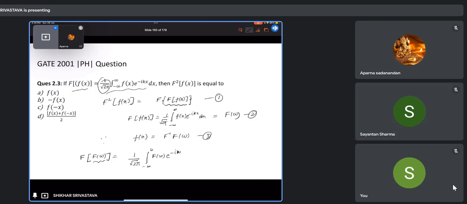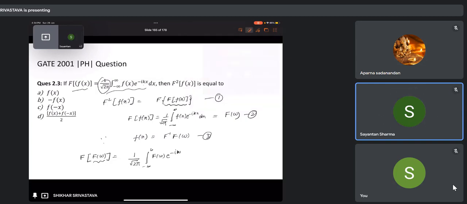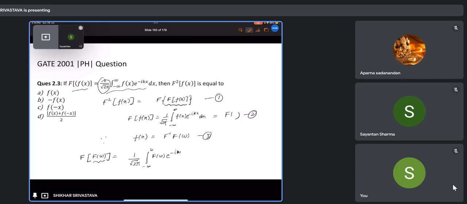Here it is k, so we can replace omega with k everywhere. Omega and k are related, so don't get confused. Actually, they have gone from x space to k space, which I think is why they have written x and k. You can write k everywhere. It's fine.